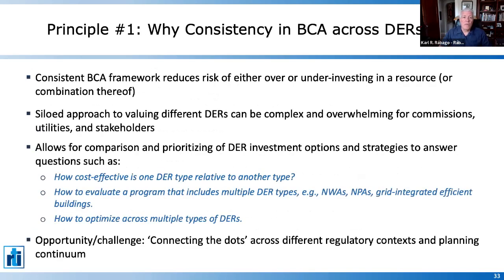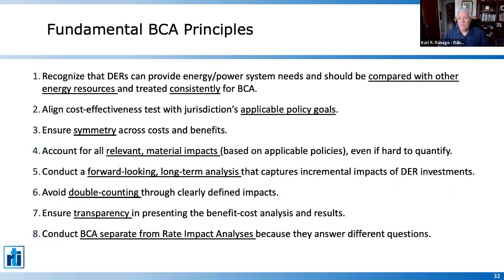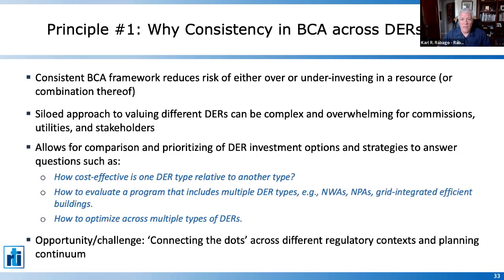Let's dig into these. Principle number one: recognize that DERs can provide needs, and so they should be paired with other resources and treated consistently. Why? Because it reduces the risk of over or under investing in a resource, right?